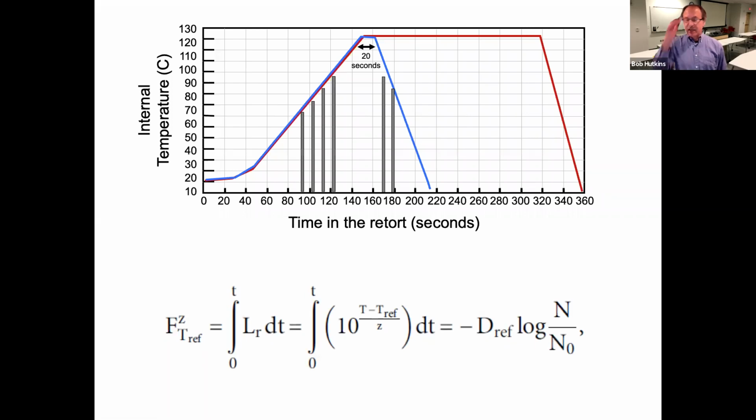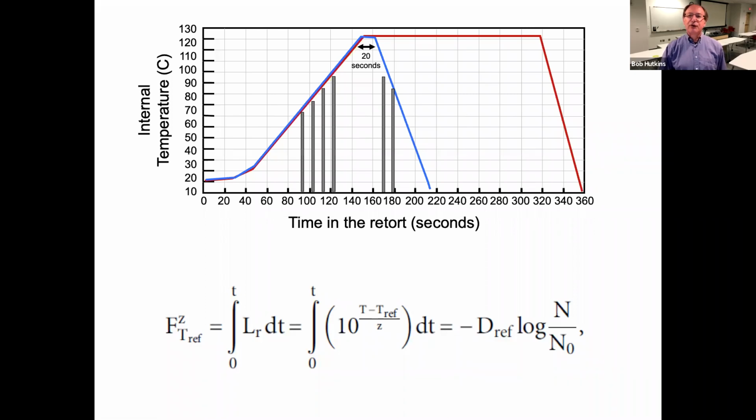If you knew calculus, you would be able to figure this F value over here, which integrates all of the killing that happens the entire time. There's killing here, especially right before you get to 121, at 118, 119, 117, there's real serious killing.